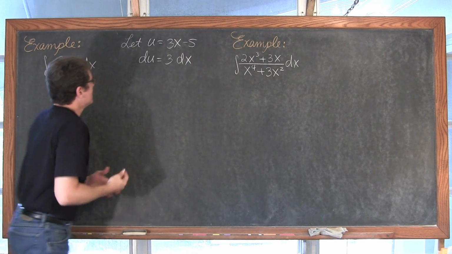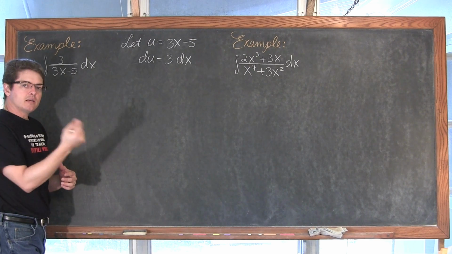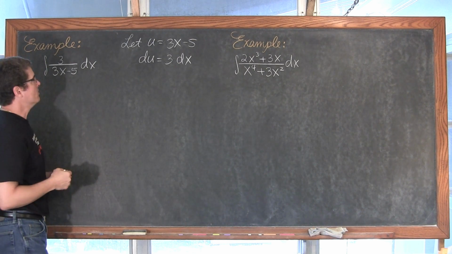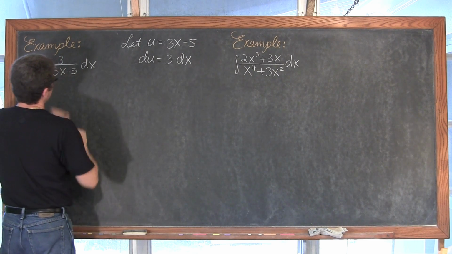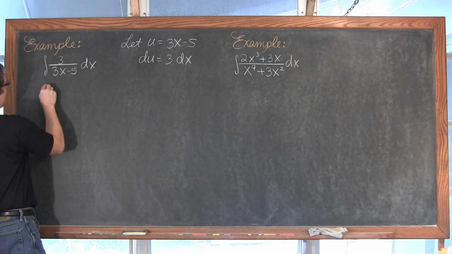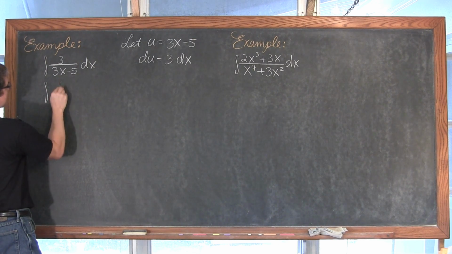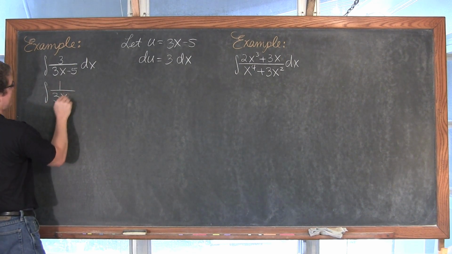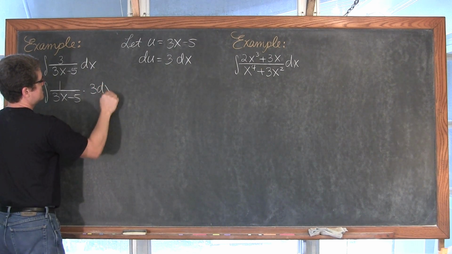Now, shooting towards setting this up as the indefinite integral of 1 over u du, we have a 3 dx right here, and just to break this down into really small steps, I can write this as 1 over 3x minus 5 times 3 dx.